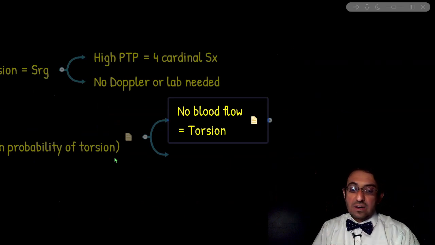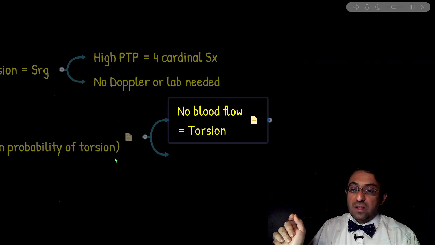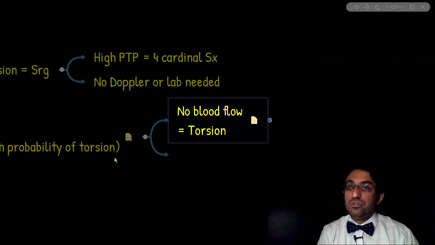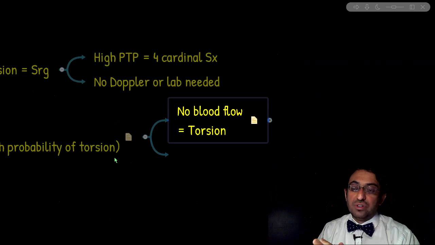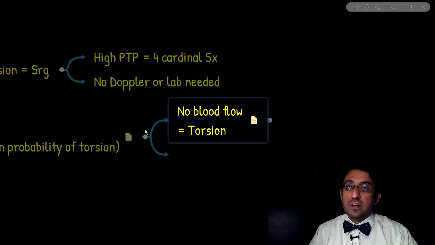What is the diagnosis? The diagnosis is testicular torsion that is complicated by testicular necrosis. Remember that necrosis, as a late finding, happens after 12 hours of torsion and manifests as heterogeneous echogenicities on the ultrasound Doppler.